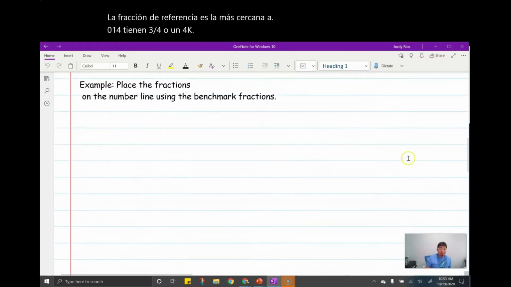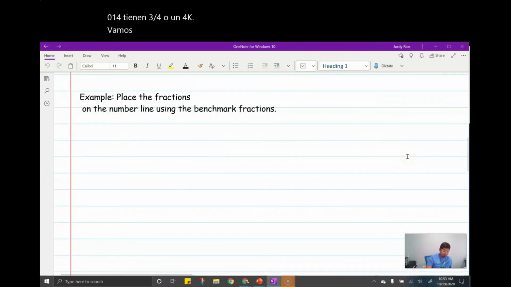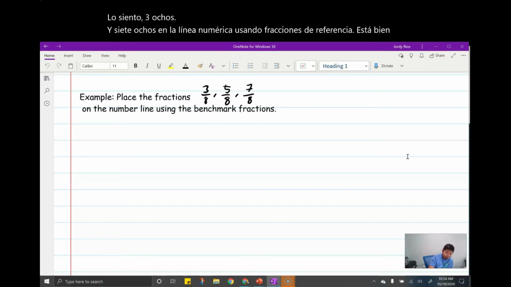Let's go ahead and look at our problem. Example: place the fractions 3/8 and 7/8 on a number line using benchmark fractions, okay? Alright, so let's go ahead and look at this.